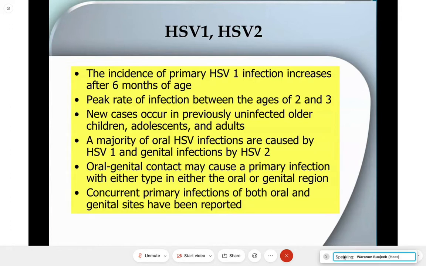It's quite contagious. If virus shedding occurs at any area, the patient himself needs to be aware and try not to infect other areas of the body, even the eye or any other part of the body.